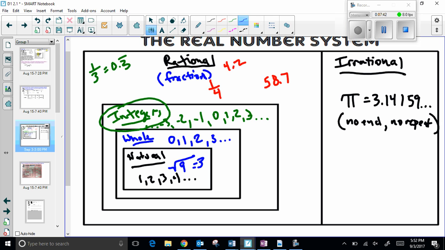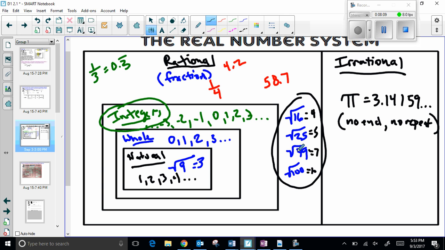Let's try the square root of 16, or the square root of 25, or the square root of 49, or the square root of 100. You guys know all of those. And actually, all of these end up being whole numbers: 4, 5, 7, 10. So this whole group right here, even though they look kind of funny, they would be in here in this really exclusive crowd.